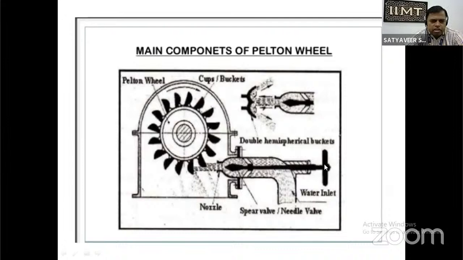This arrangement can control the flow of water striking the bucket of the turbine blade. With the help of the nozzle we can supply water, or strike water on the bucket. The shape of the bucket is a double hemispherical cup.